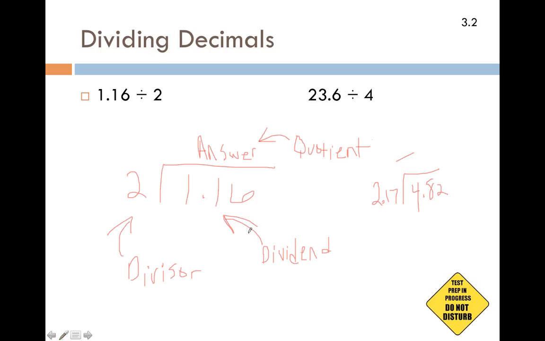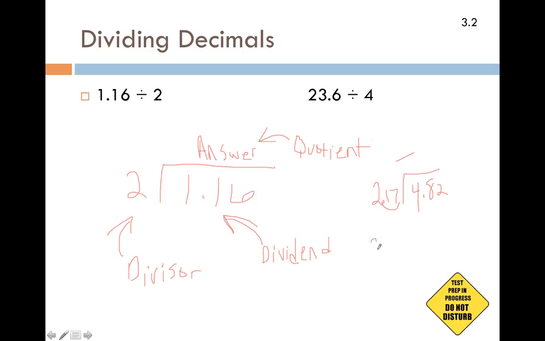All right, so here we've got this 2.17 and the 4.82. We said up front, you can't have a decimal in the divisor. And we know that the number on the outside is the divisor, so we've got to move that decimal. We're going to move that decimal 2 places to the right.